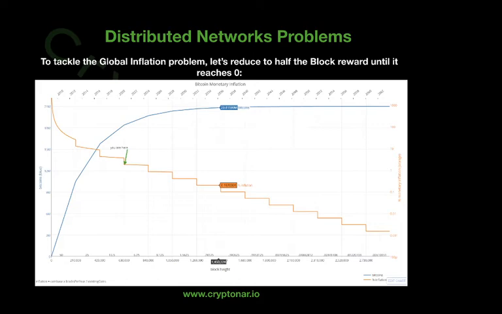And what happened yesterday was this small step where the block reward was halved. Now the reward for the miners to validate the blocks went from 12.50 bitcoins to 6.25.